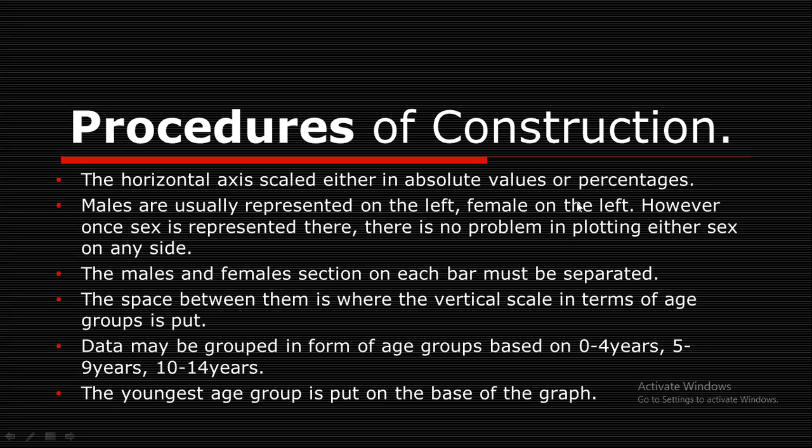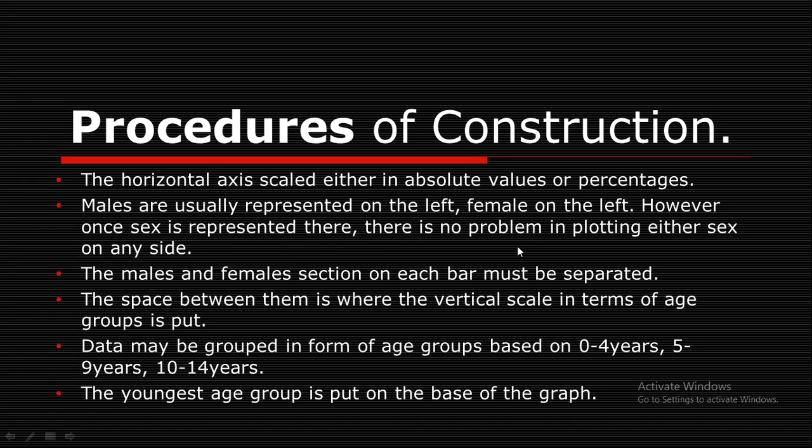Here, there is some mistake: it is on the left for male, female on the right. However, once sex is indicated there, there is no problem plotting on either side.